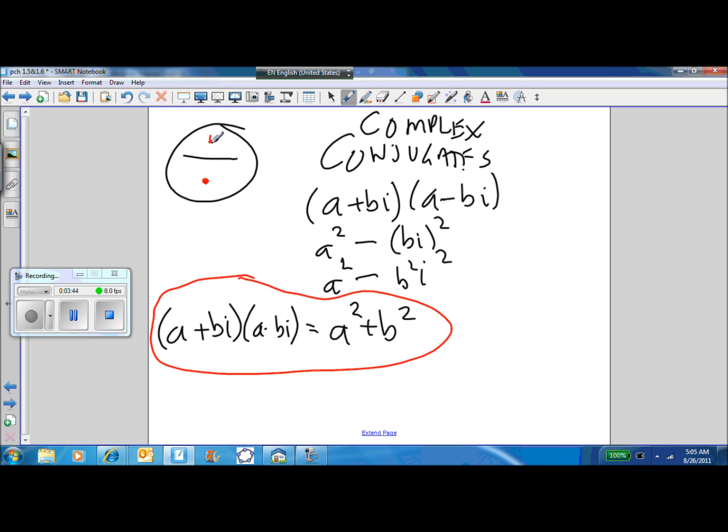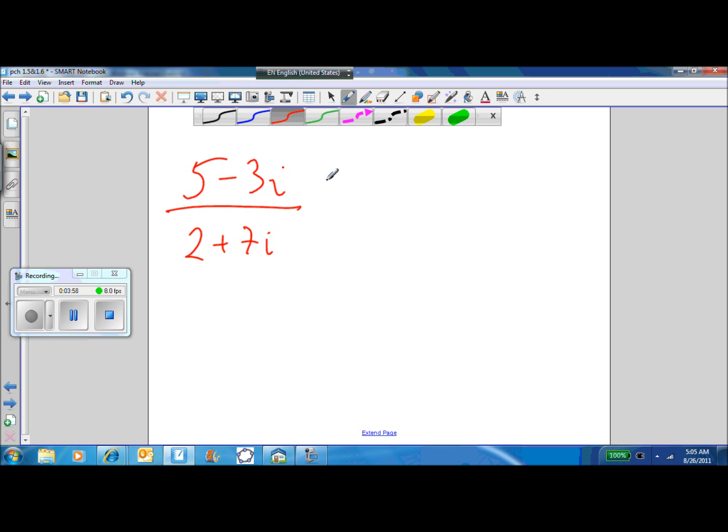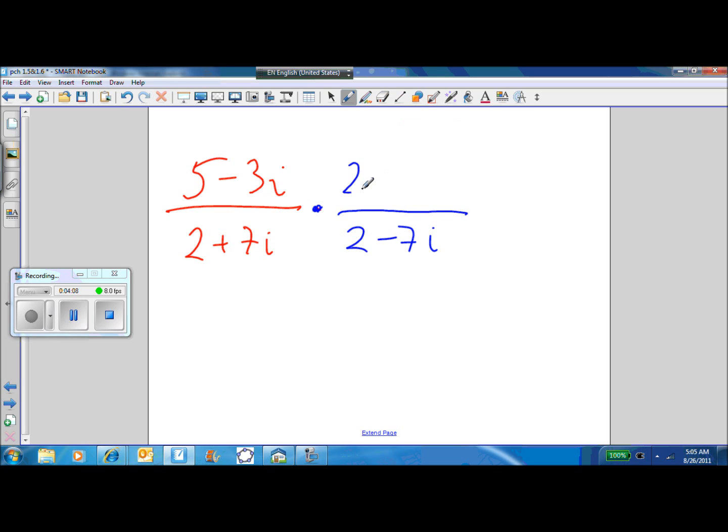So, let's try this. 5 minus 3i divided by 2 plus 7i. We actually have to multiply by the conjugate of the denominator. So 2 minus 7i.